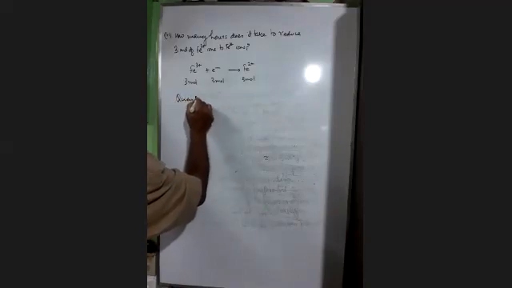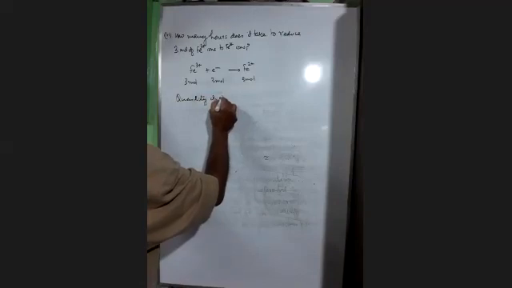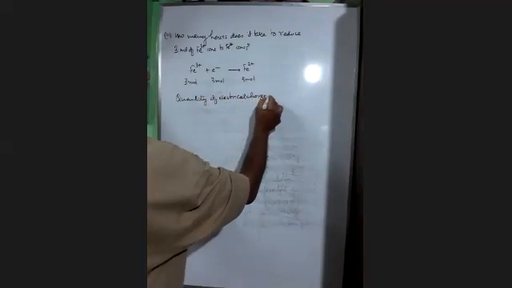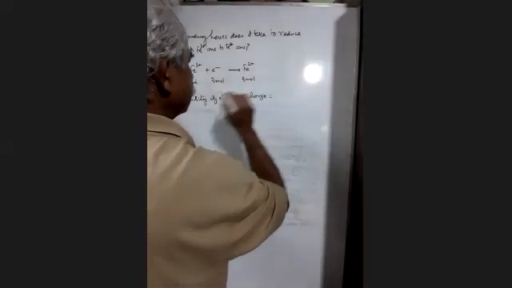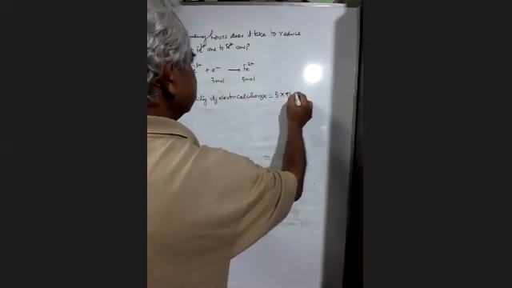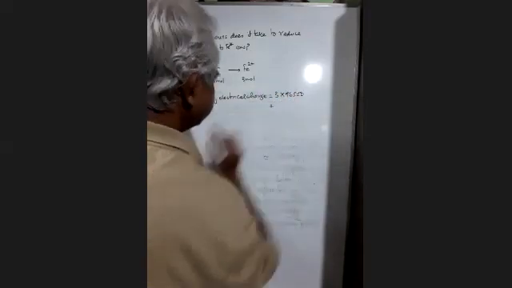It is 3 moles, 1 mole is 96,500, so here it is 3 into 96,500. Get the value.